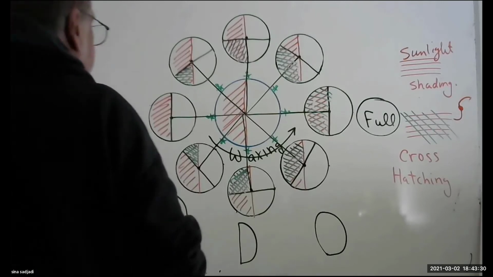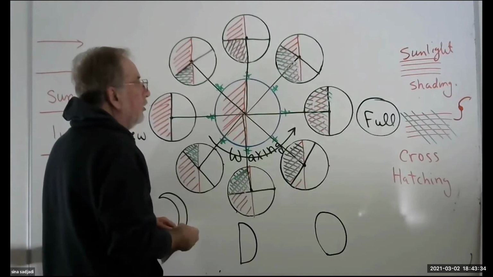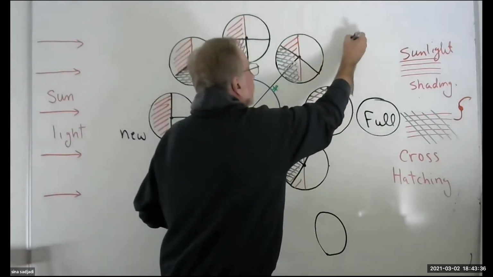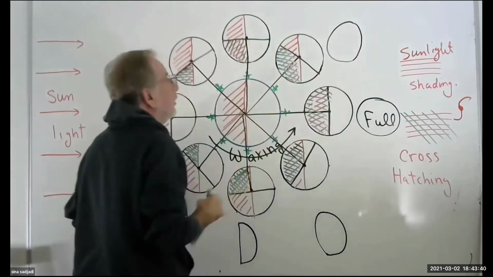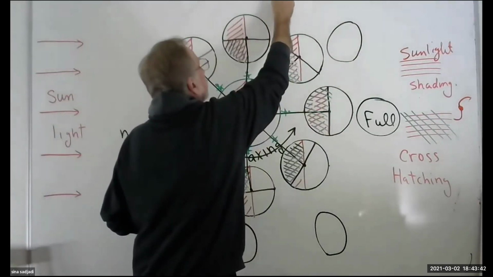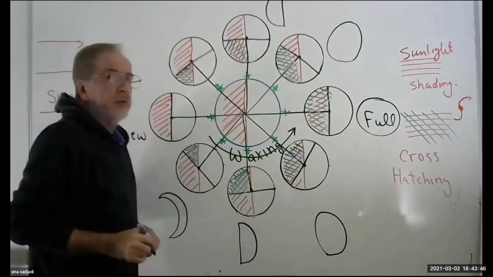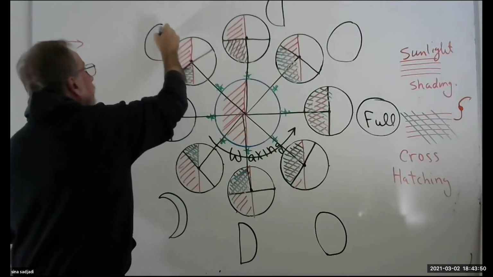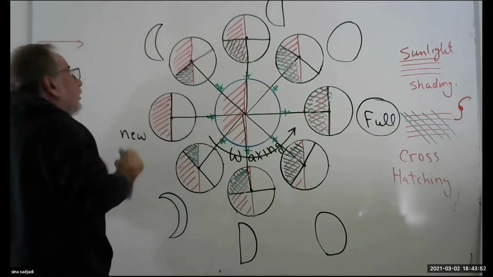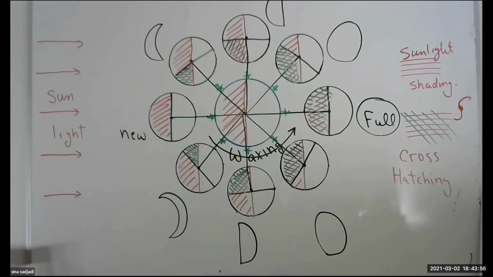I'll just draw the rest of these. So after the full moon, we're going to have a gibbous. And then we're going to have the 1/4 here. After the 1/4, we're going to have another crescent. So we have our phases.